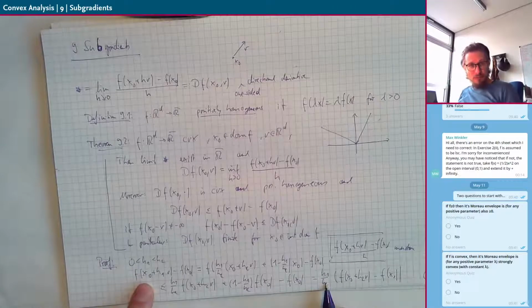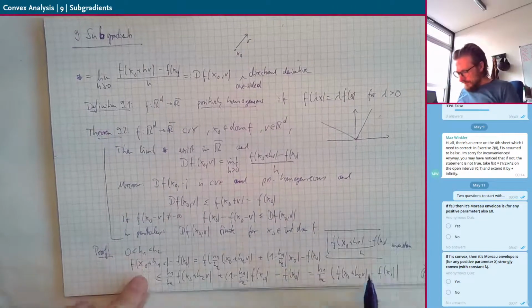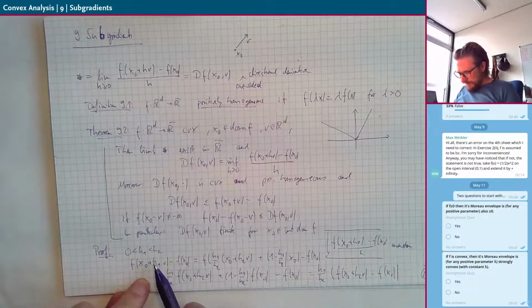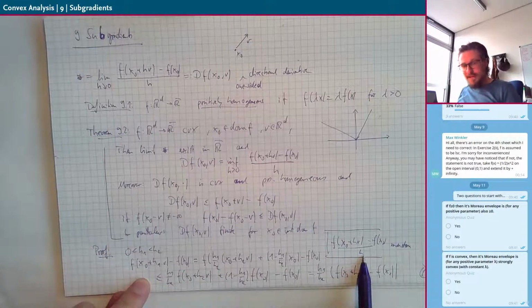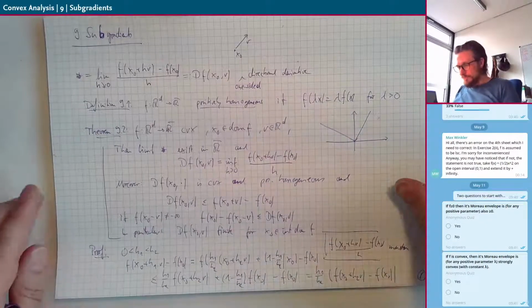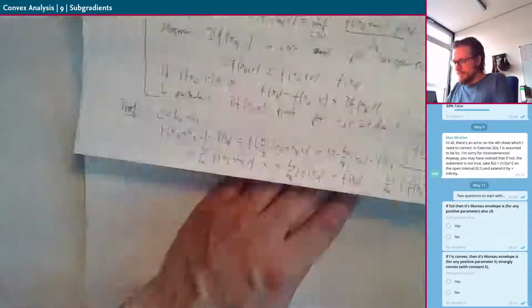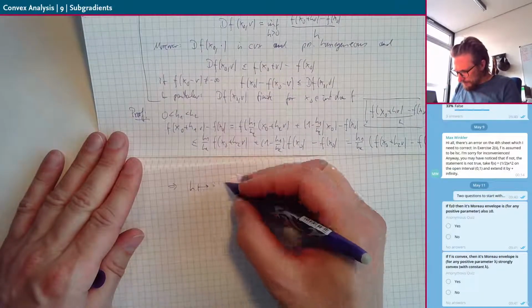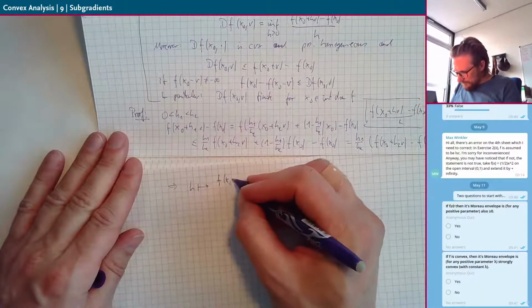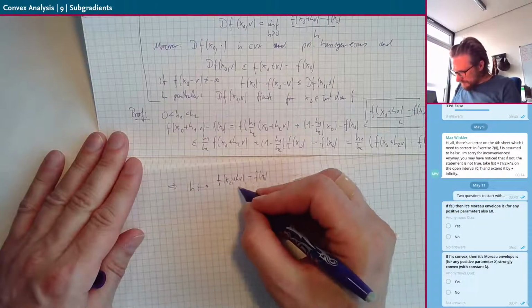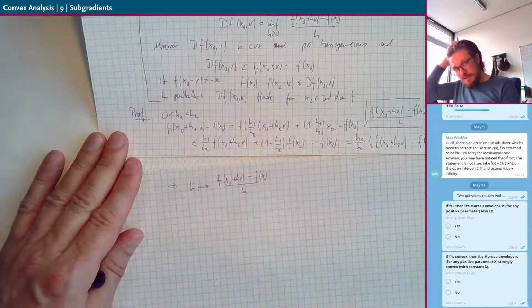Just divide by h1. Dividing by h1 gives on the left hand side this difference quotient with h1, on the right hand side the difference quotient with h2. So what follows is that the map h maps to f of x0 plus h times v minus f of x0 divided by h is increasing in h.